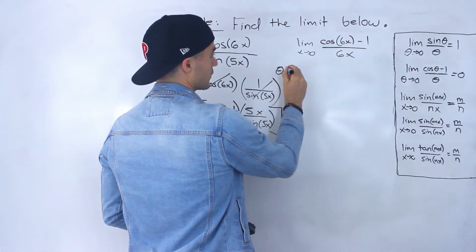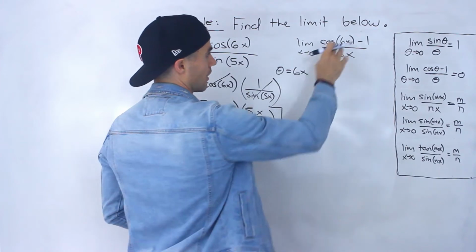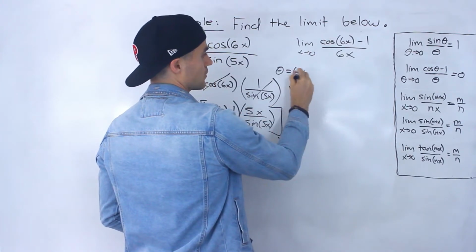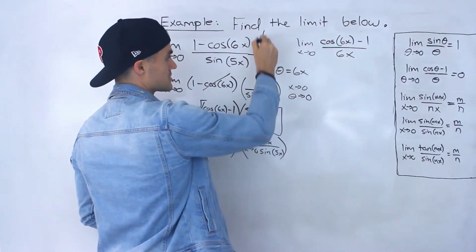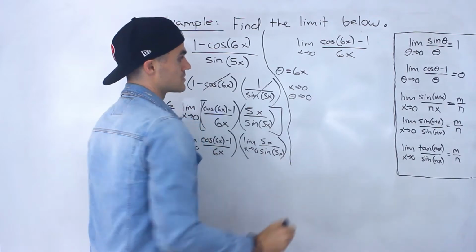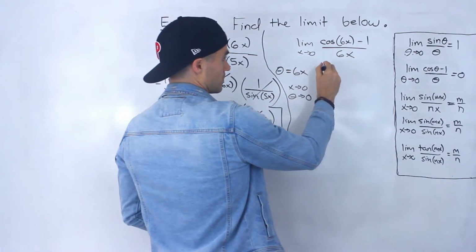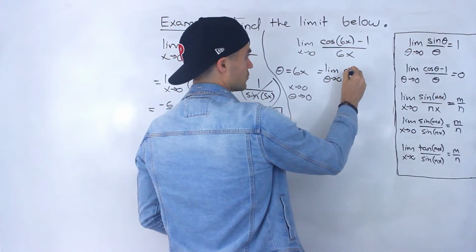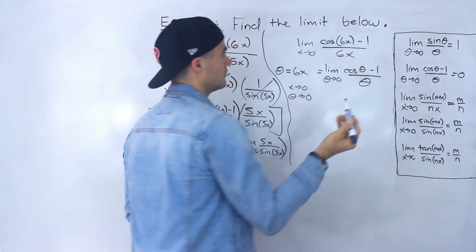Let's do a change of variable. So let theta equal 6x. Right, we're going to plug in the theta here, and notice how when x approaches 0 here, theta is also going to approach 0. Let's split this up so we're not getting confused. Okay, so when we do that change of variable, we'll have the limit as theta approaches 0 of cos theta minus 1 over theta.